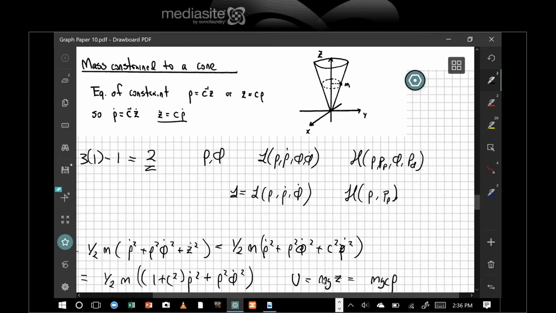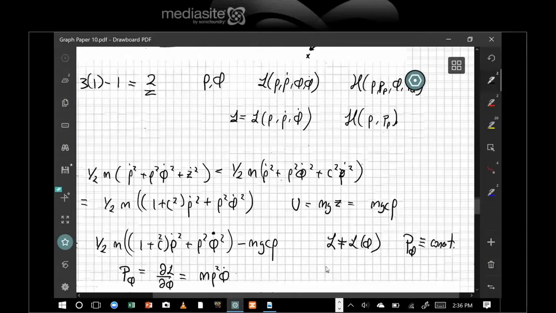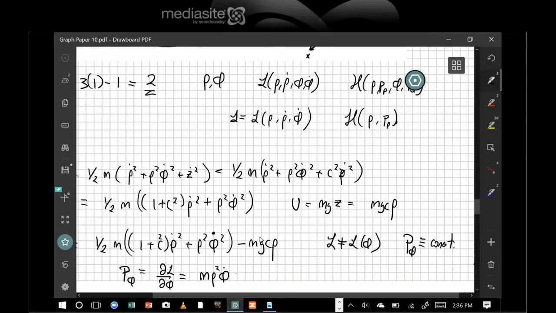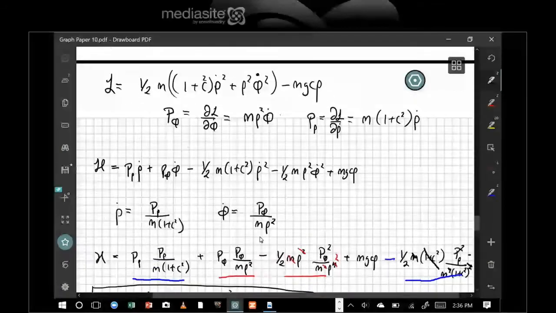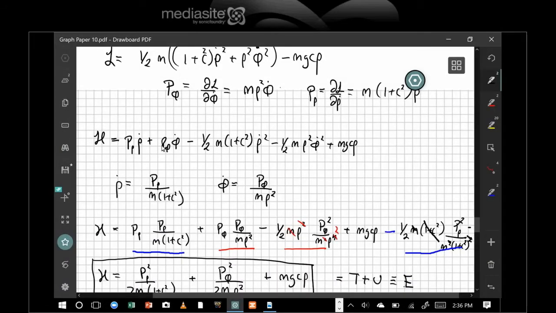Then we used this transformation to transform the Lagrangian, which is a function of rho, rho dot, and phi dot, into a Hamiltonian function, which is a function of p sub rho, p sub phi, and rho.